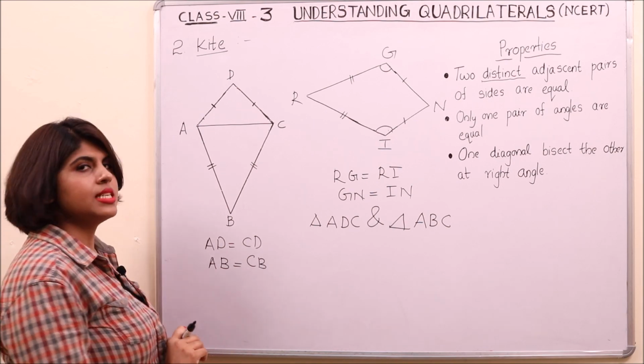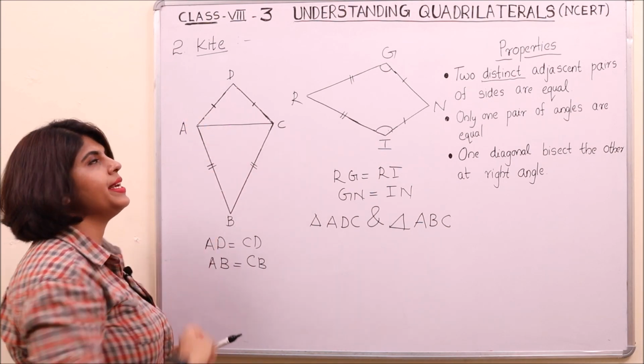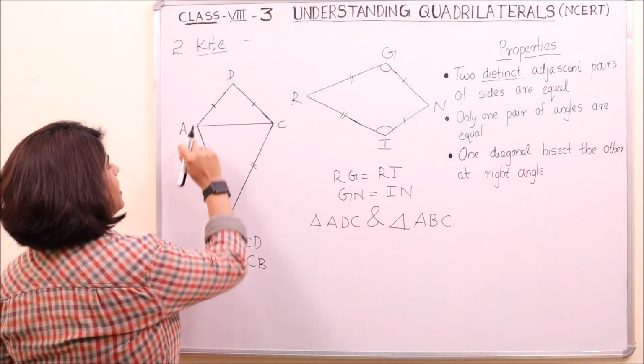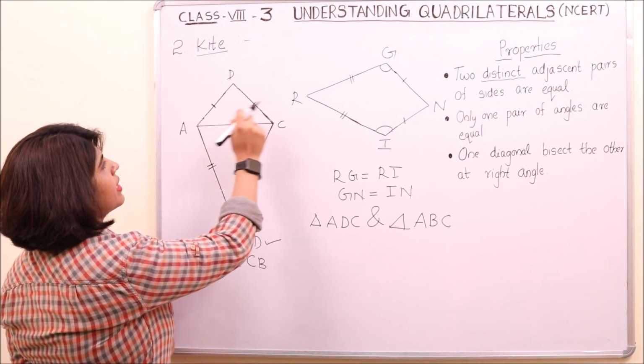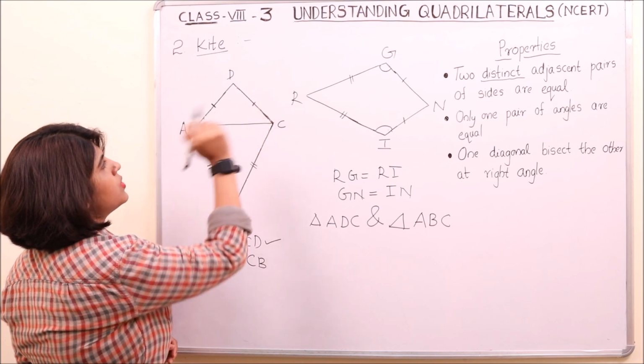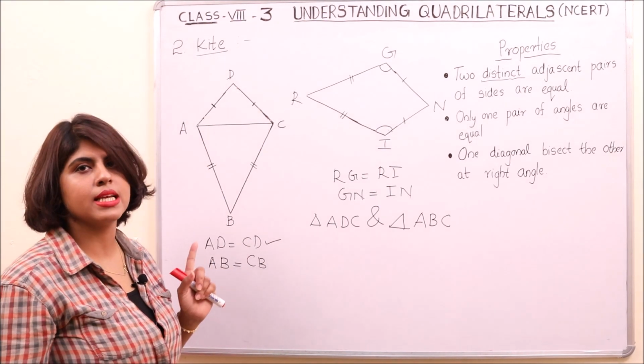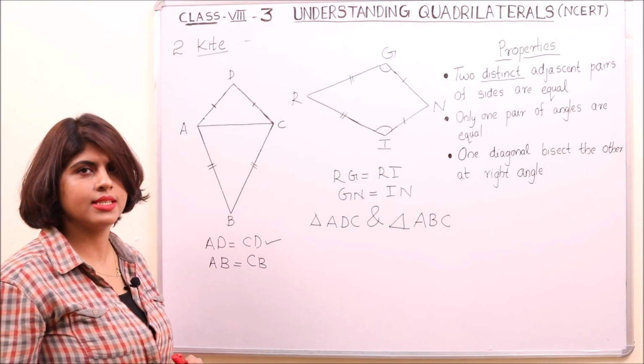Now, if we are considering the triangle ADC, you can see here AD equal to CD. In this triangle we can see AD equal to CD. So this is an isosceles triangle, isn't it?